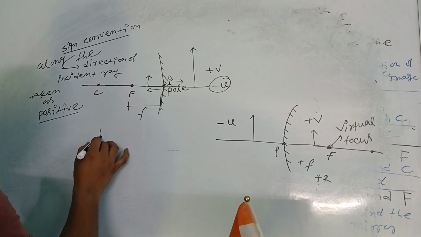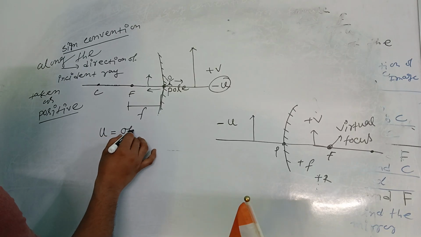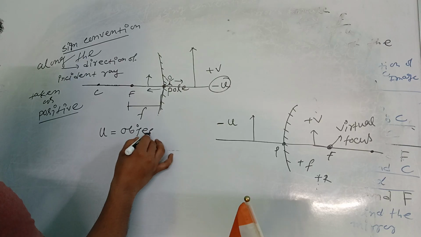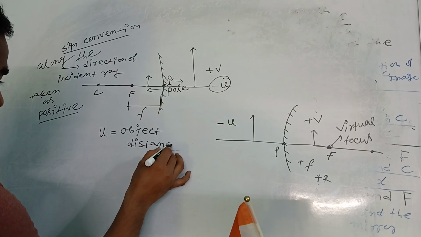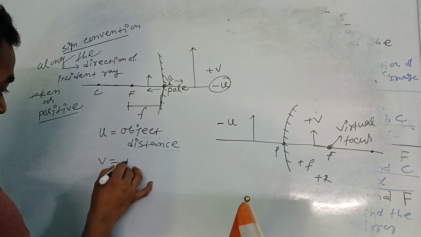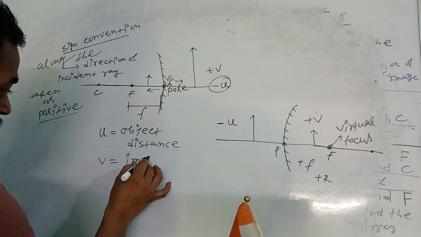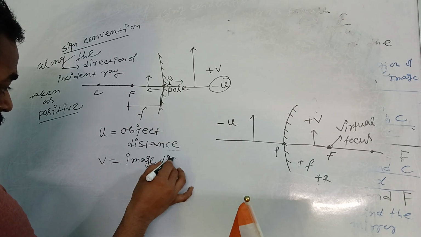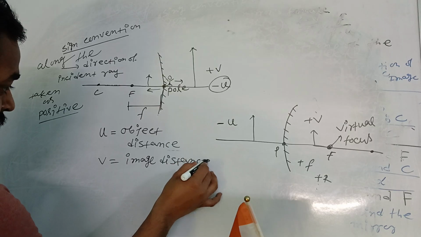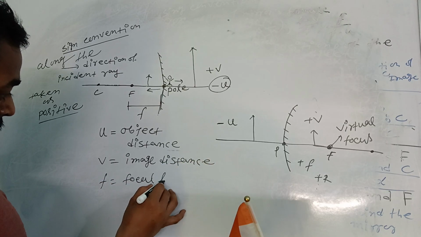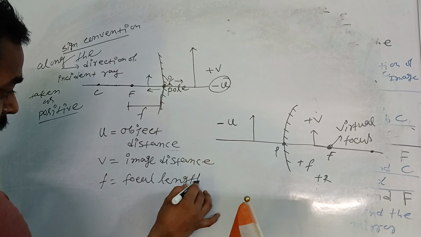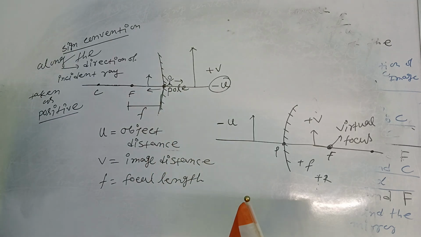So u is object distance, v is image distance, and f is focal length.